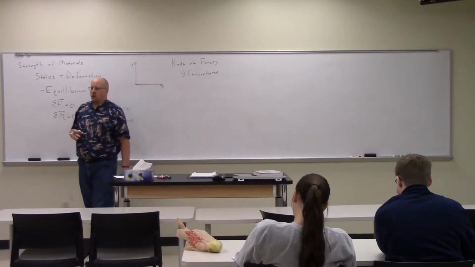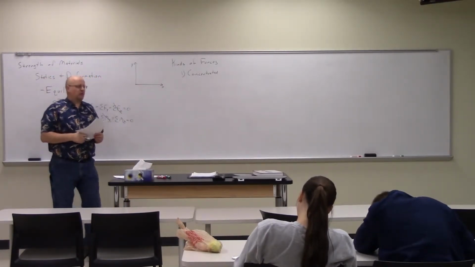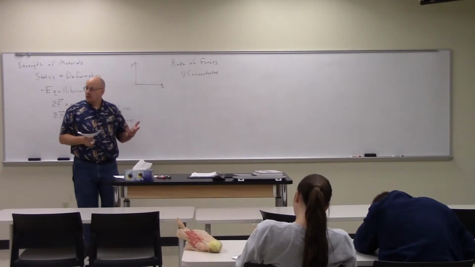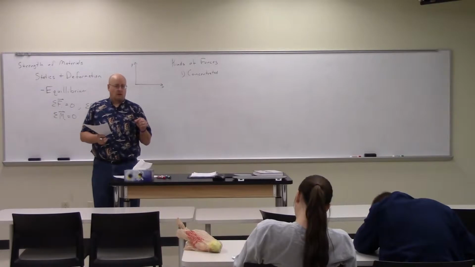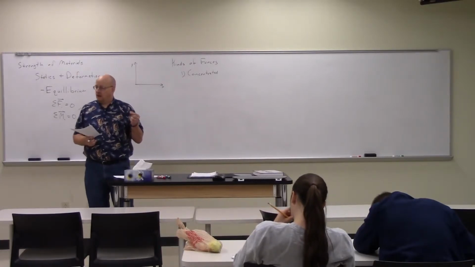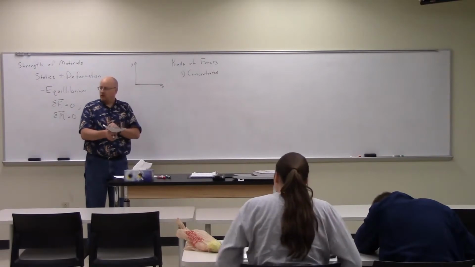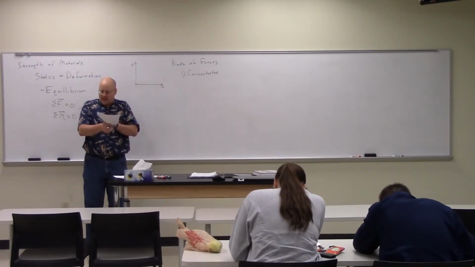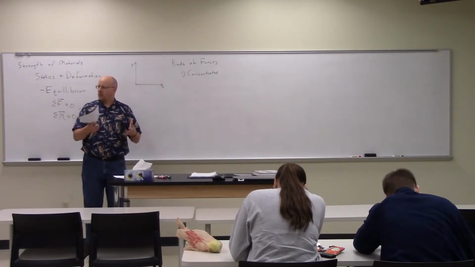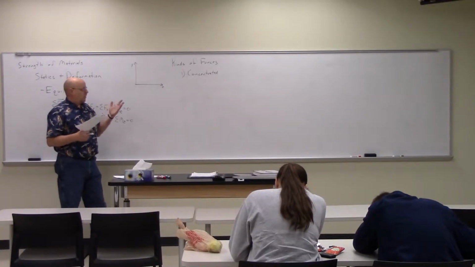A concentrated force is one that acts at a point. Now in reality, any real force, there's no such thing as a point. Right? Any real force is distributed over some area. Even if I prick myself with a pin, the point of that pin has some defined area, so the force is distributed over the head of that pin. But that area is so small compared to the system, my body, that it's considered to be a concentrated or point force. Right? So we draw those with arrows.